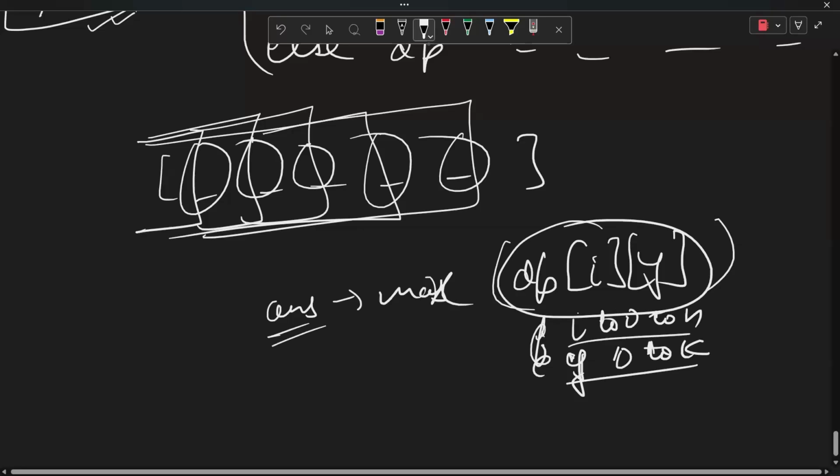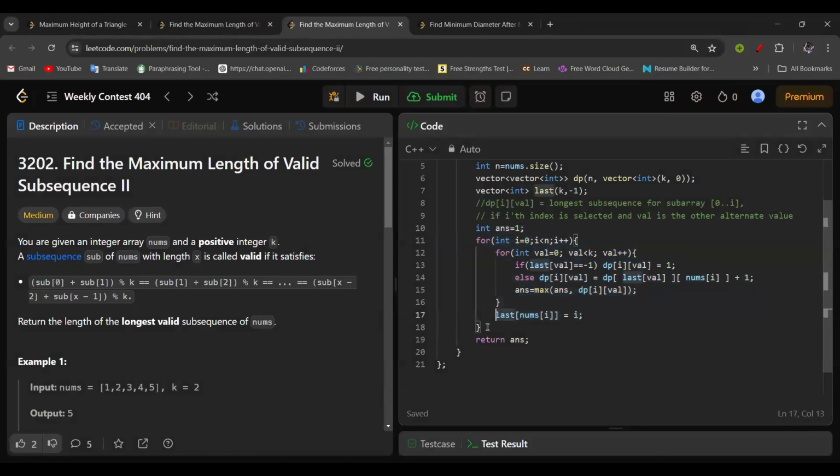That's our answer. So either you can compute this answer after calculating your dp, by running another loop from 0 to n and 0 to k and then take the max, or after computing any state, I'm just taking the maximum here only. So I'm just doing answer equal to max of answer and dp[i][val] here only.